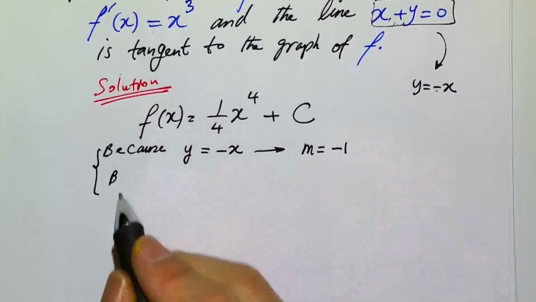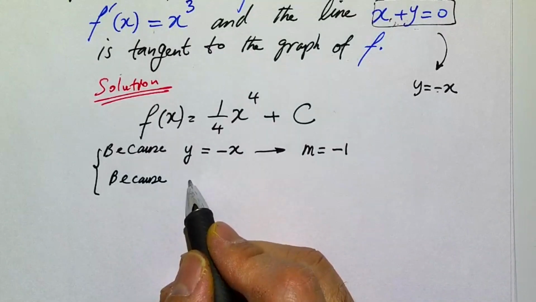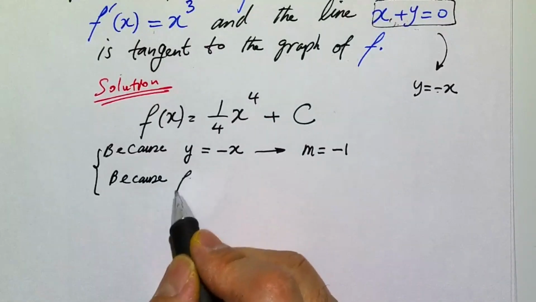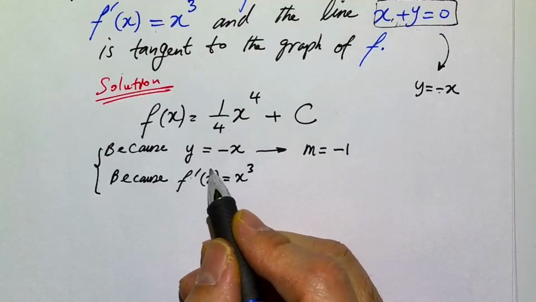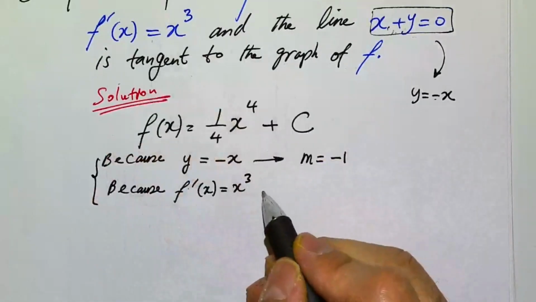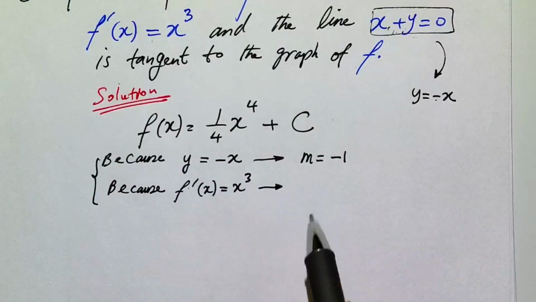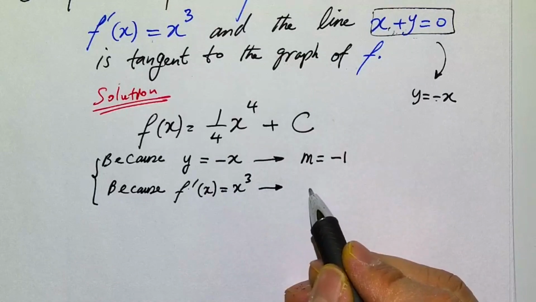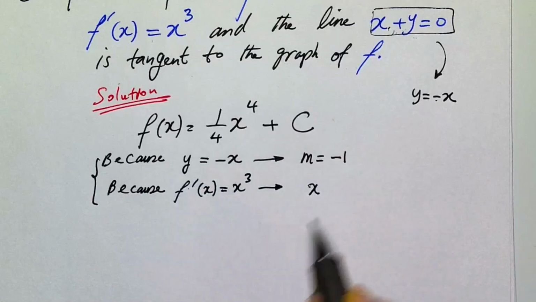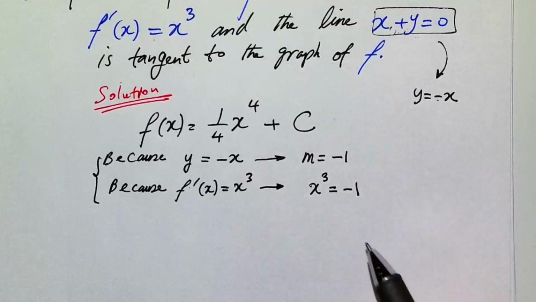Okay, so x cubed then, so therefore, and because, let me actually put braces here. Because f prime x is equal to x cubed, which is here, then from here, we can say that x cubed equal to -1 at one point.